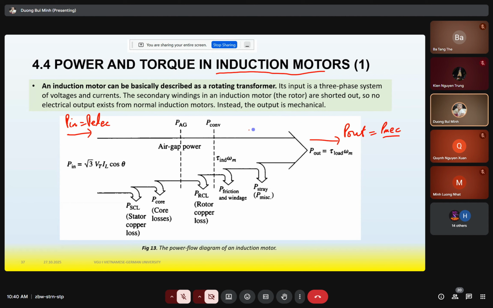So this is the power flow diagram. We need to analyze the power losses of the induction motor.